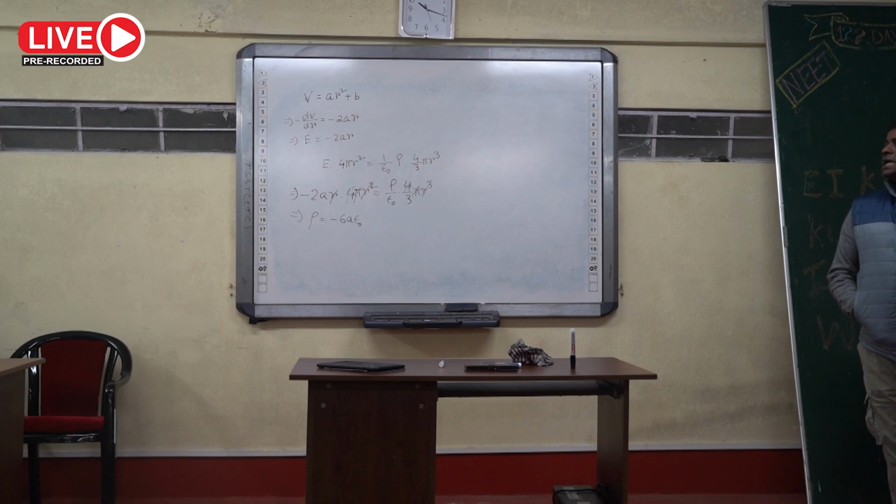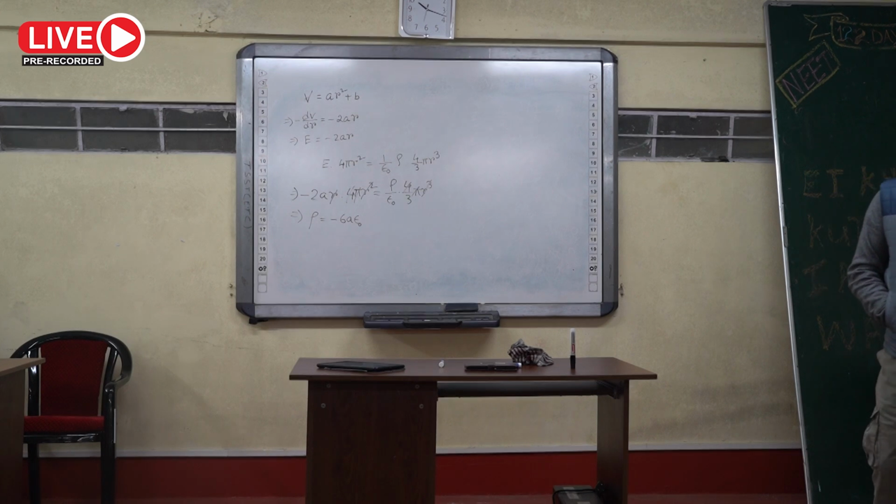So directly write E into 4 pi r square, the surface area of the sphere, as the entire flux, and according to Gauss's theorem that is equal to 1 by epsilon naught times Q enclosed. Q enclosed equals charge density into volume. So charge density rho and volume of the sphere of radius r is 4/3 pi r cube. So I put it directly.